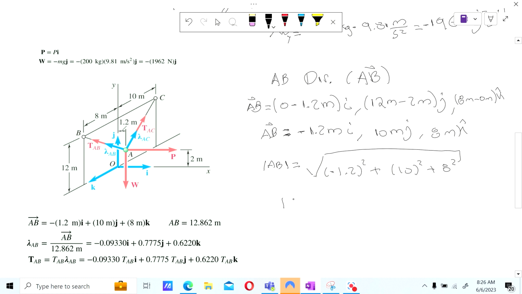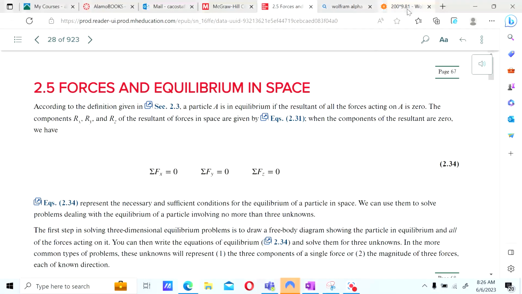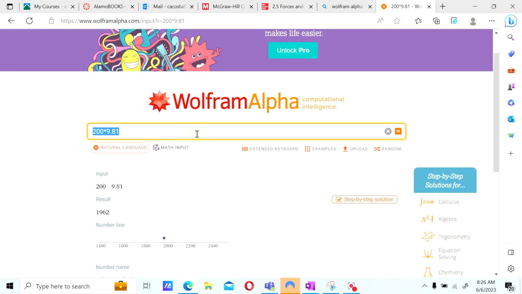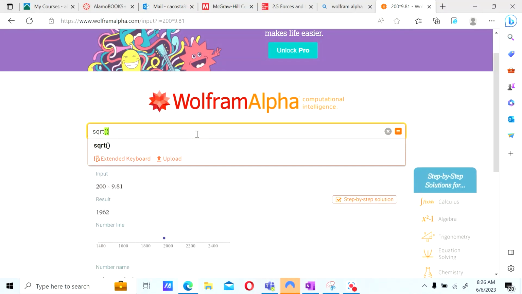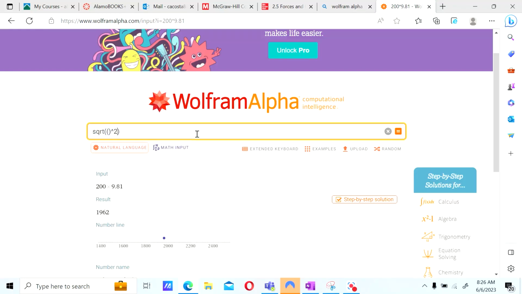So the magnitude of AB is equal to the square root of the three components squared.